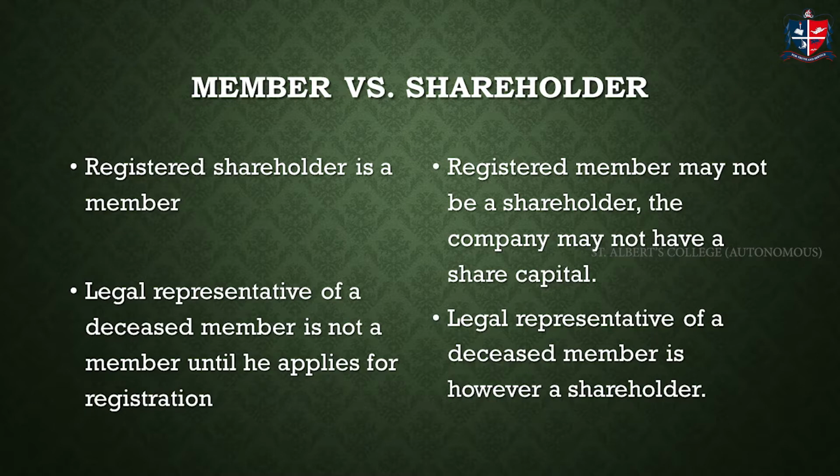A registered member may not be a shareholder if the company does not have a share capital. Even though he is a registered member, because the company does not issue shares, he cannot be called a shareholder.